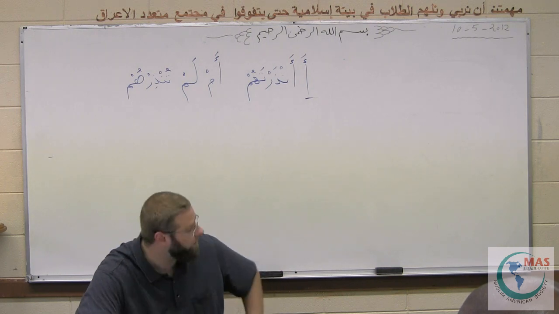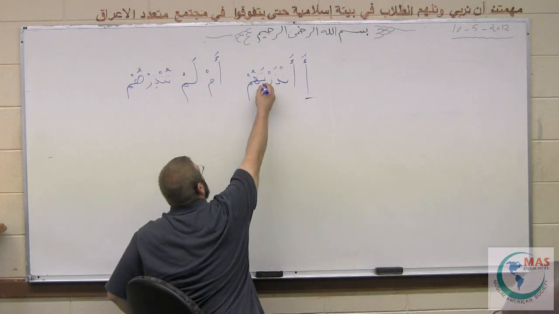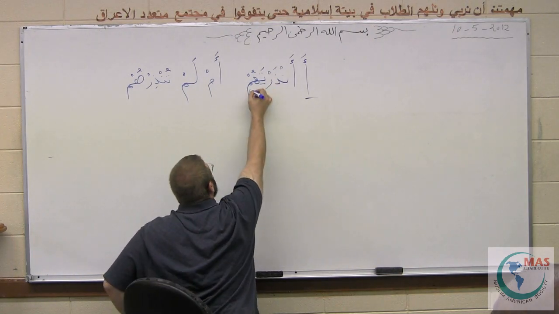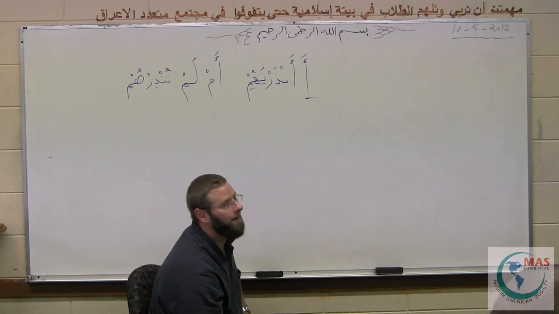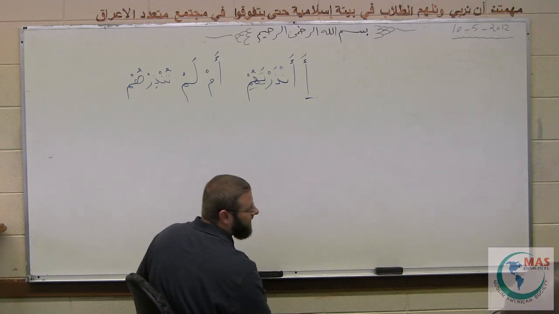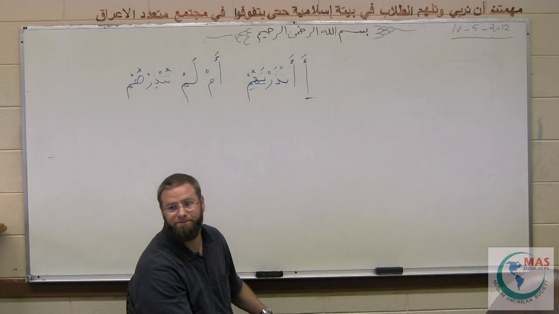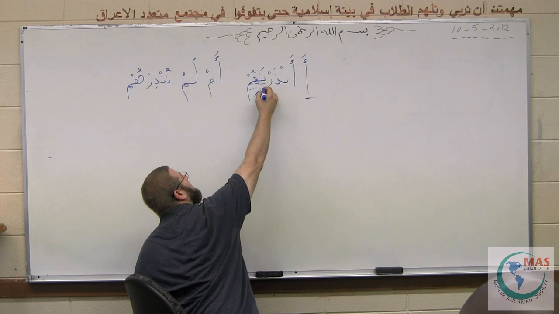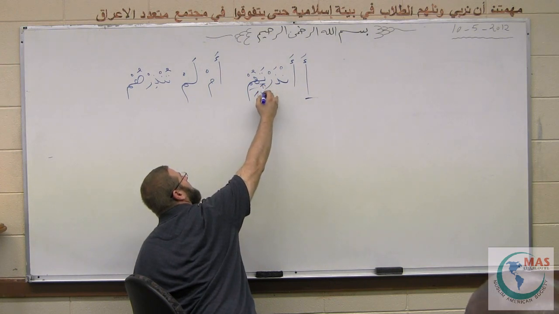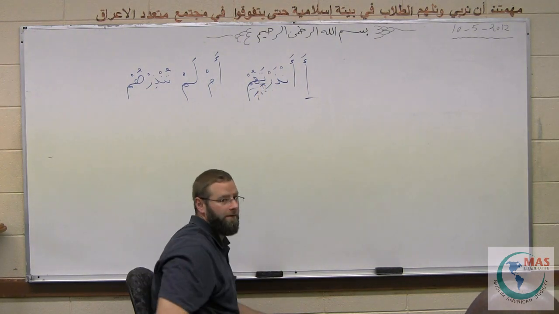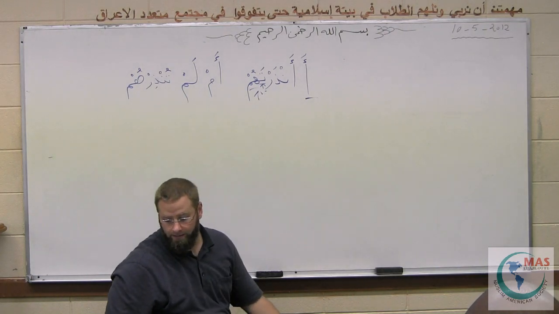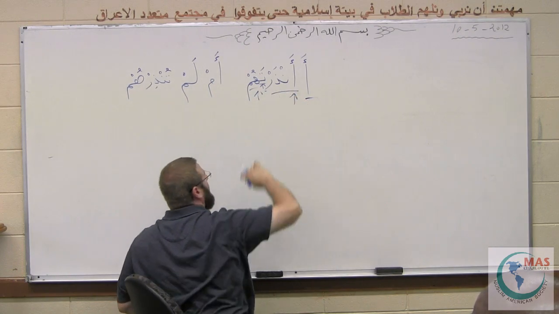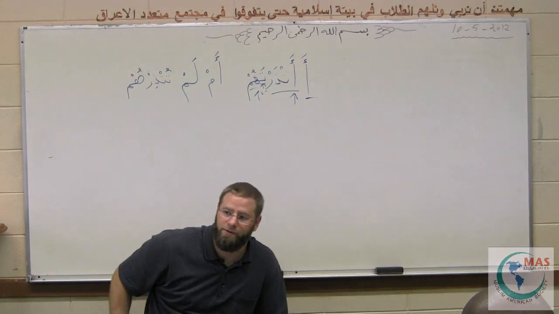So, okay, what does ta mean? You, singular masculine. What does hum mean? Them, for the plural masculine. So this is the second row. This is the first row from the first one we studied, right? Now, this verb is number 4 because you added Hamza to the original root.